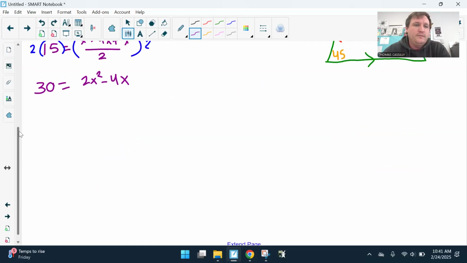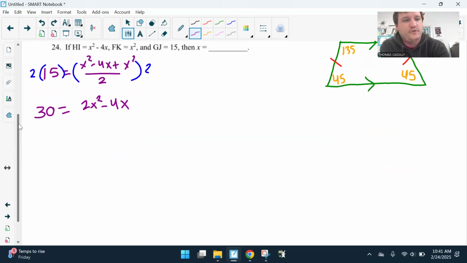I see an x squared, I see an x, I see a number, so let's go ahead and factor. I got a 0. 0 equals 2x squared minus 4x minus 30. Now we could factor this as is. You got the 2x in there, which makes factoring just slightly more difficult. What I'm going to do is make life a lot easier.